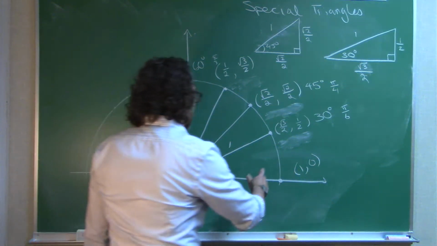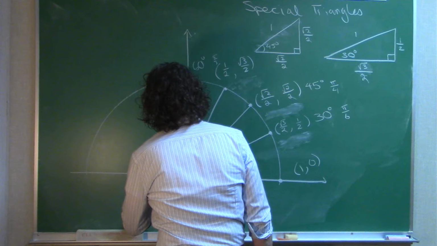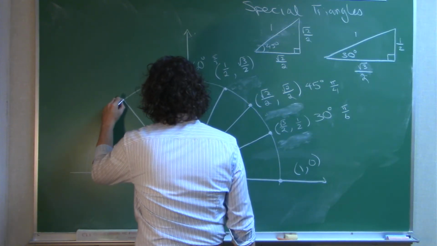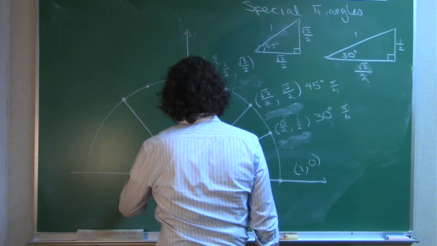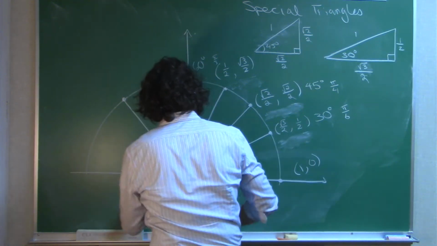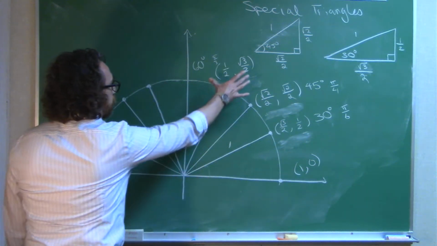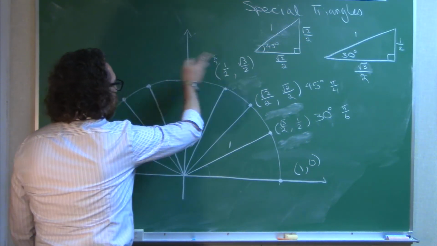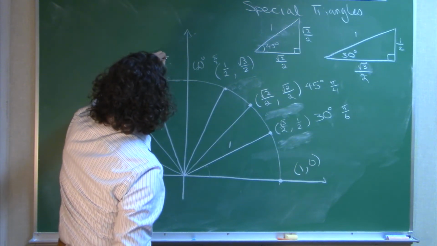Now, we can kind of extend this. We can talk about angles in the second quadrant. If we know these, we basically get the ones over here for free. Okay, just take the x-coordinate and change it to a negative.